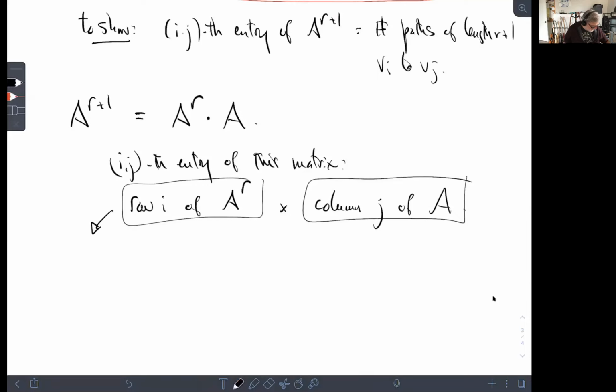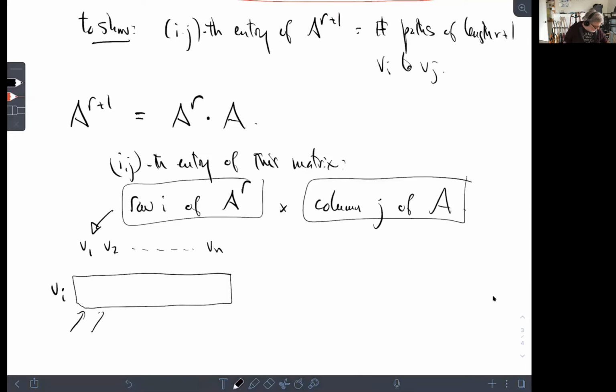Okay, so let's just look at a picture. I've got vi, and I've got v1, v2, right up to vn. And I'm looking at the entries here. My induction hypothesis is that all these entries are the number of paths of length r from vi to all of these vertices.